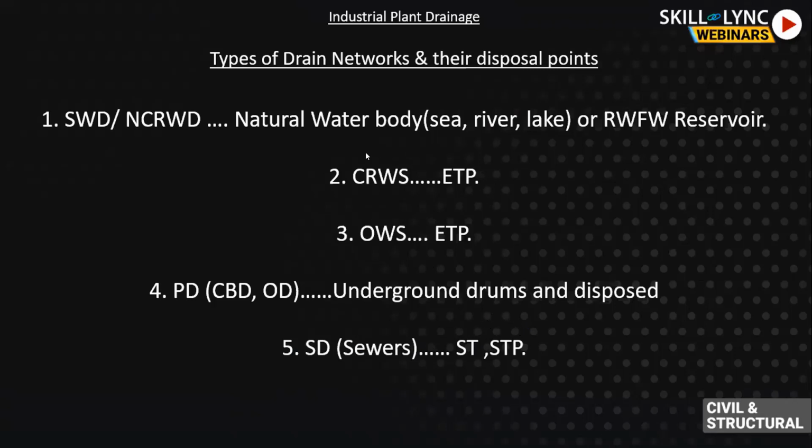All these, second to fifth, are closed conduit systems, and stormwater drain is open channel flow, and accordingly this is a flow through pipes. So you will have to use the hydraulics formula for pipe flow through closed conduits, and accordingly the design is done.